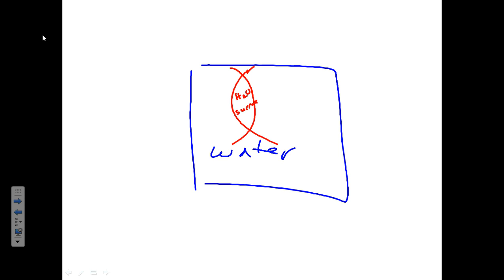Can't make the sucrose move, so it makes water move. Now think about this for a second. There's a higher concentration of water out here in the beaker, right? Because it's just water. There's other things in here besides just water. So water moves from high concentration of water to low concentration of water.